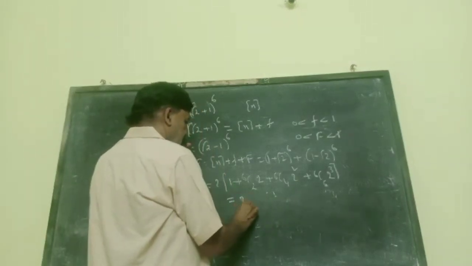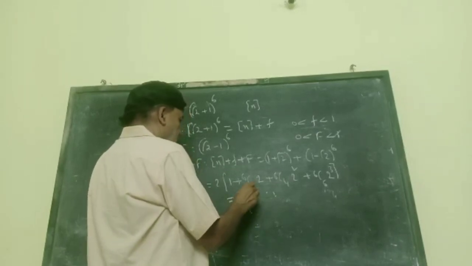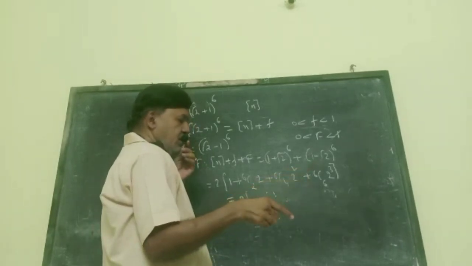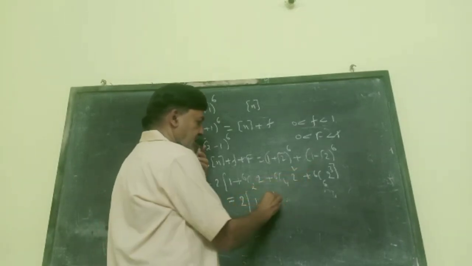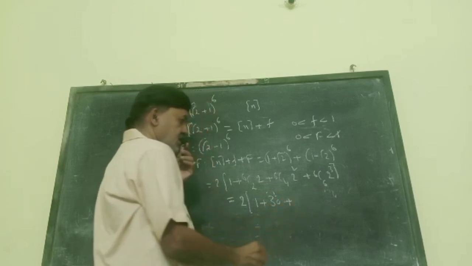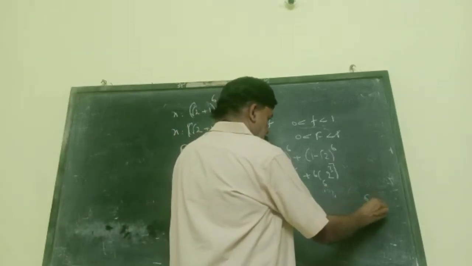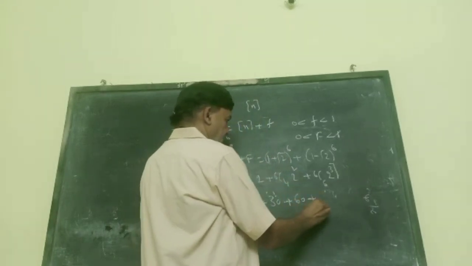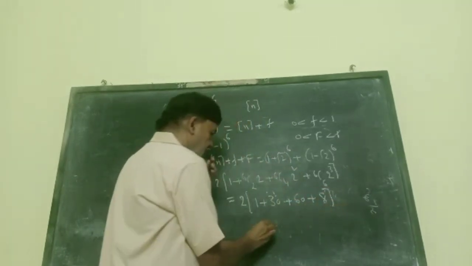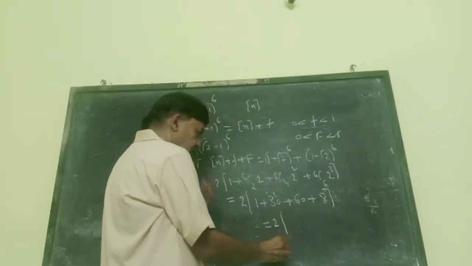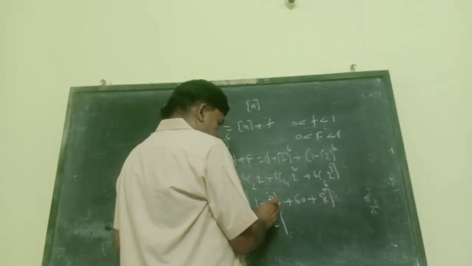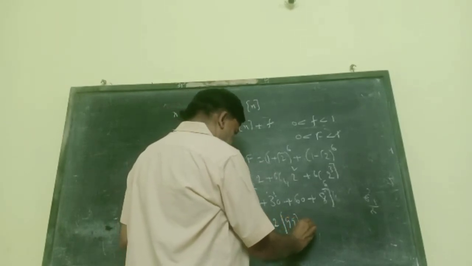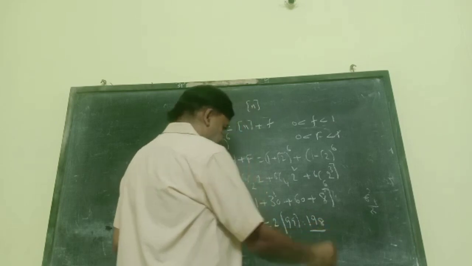The value of this will be 2 into, this is 1 plus 6C2, 6 into 5 by 2 means 15, 30. Plus 6C4 is 6C2, 6 into 5 by 2, so 15 into 4, 60. This is 8. This is equal to 2 into 68 plus 30, 98, 98 plus 1, 99. So 198.